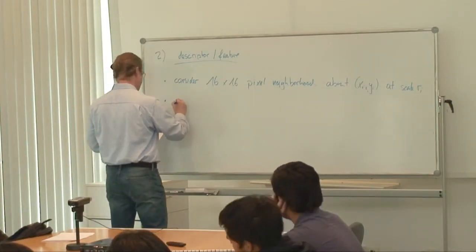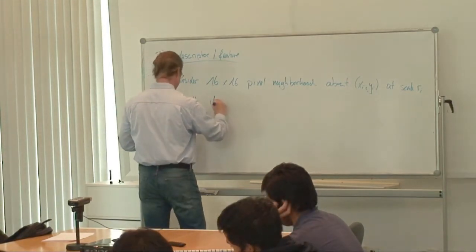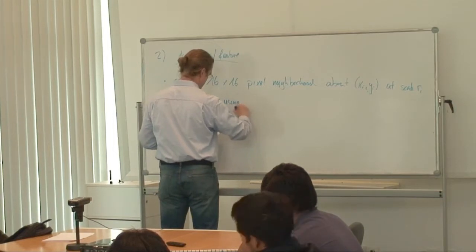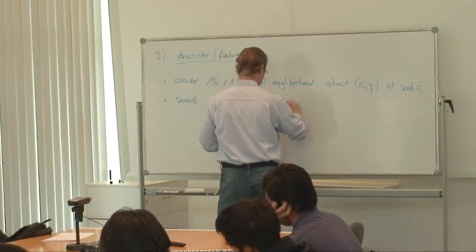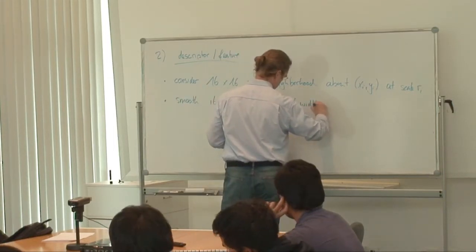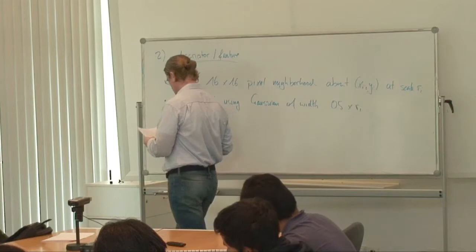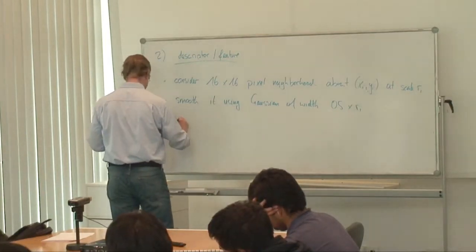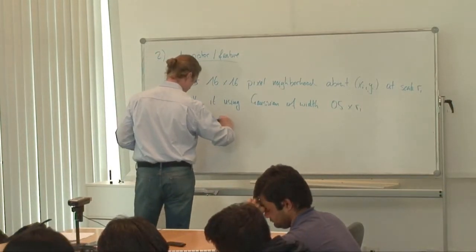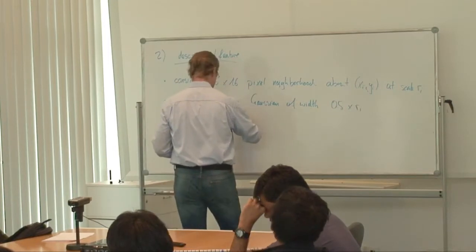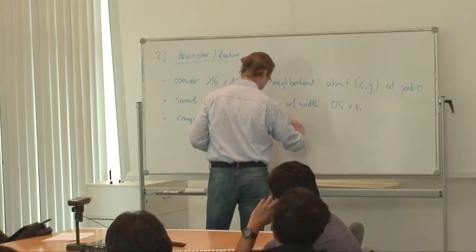And then we smooth it again. We smooth it using a Gaussian of width, what do we have here? 0.5 times sigma i. And we compute gradient magnitudes and orientations.